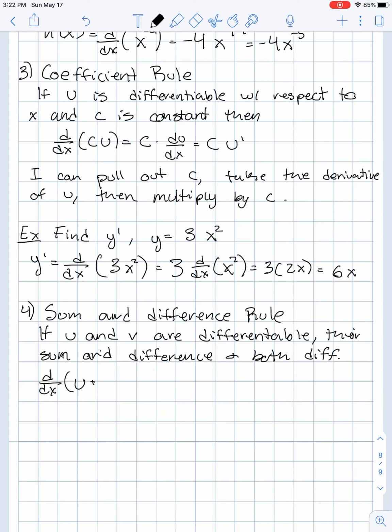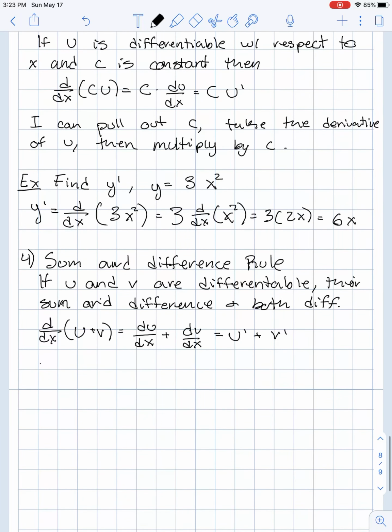So we say that d dx of u plus v is going to equal du dx plus dv dx. You can also just say u prime plus v prime.